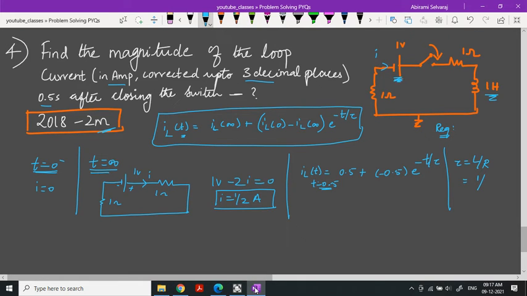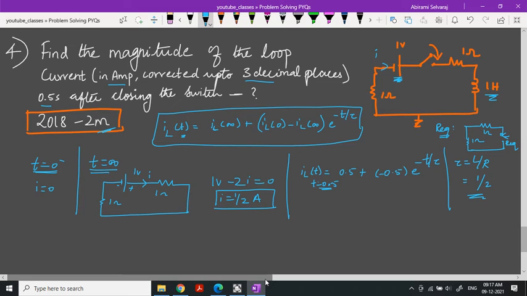It's a voltage source, so I will short it, and the inductor will be opened. This is the final circuit. What is R equivalent? 1 ohm plus 1 ohm, so R equivalent, seen from this point, is 2 ohms. So tau is equal to 1 by 2.